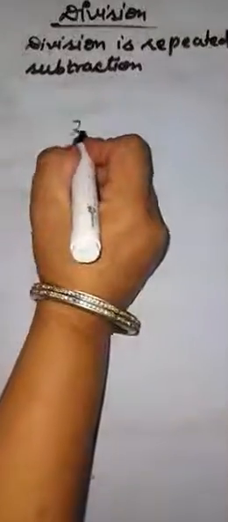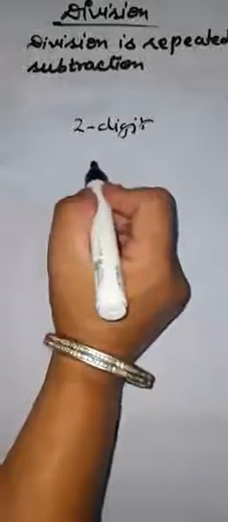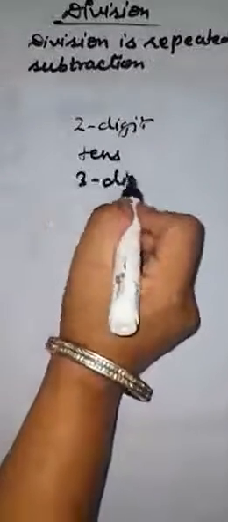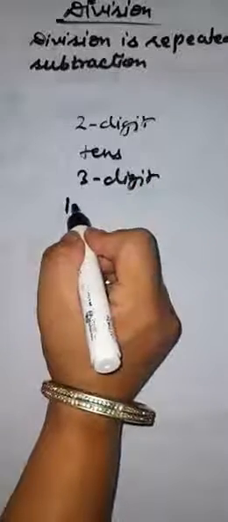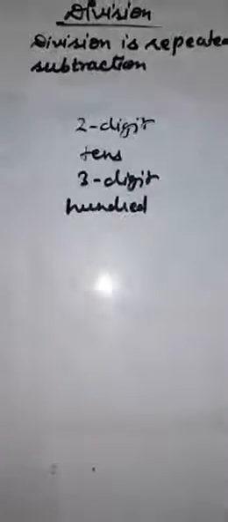In case of a 3-digit dividend, we start from the hundreds place, right?